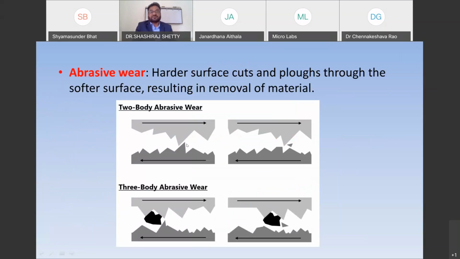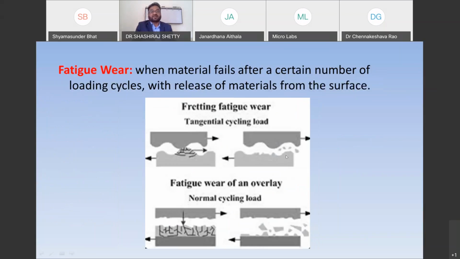Abrasive wear: a harder surface cuts through the softer surface, resulting in removal of the material.